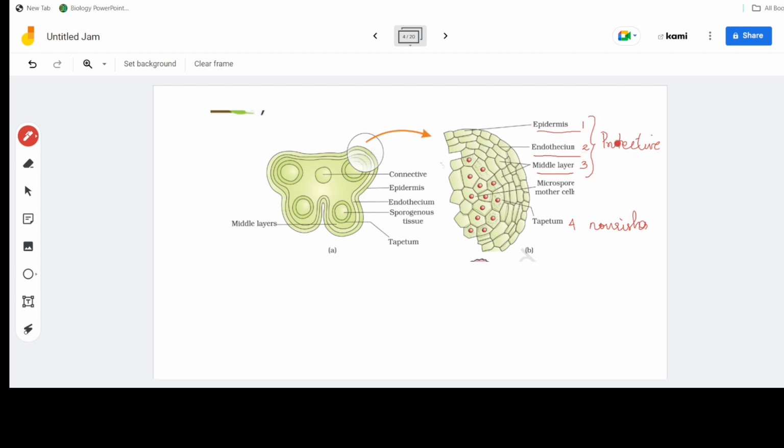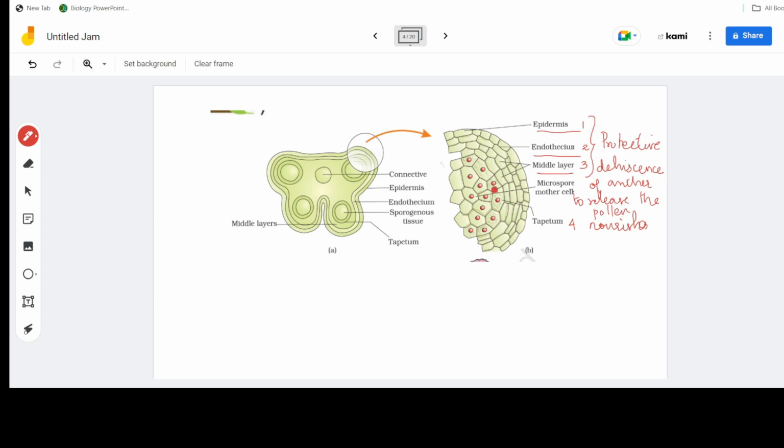Also they help in the dehiscence of the anther. The anther must dehisce, right? The anther should break open to release the pollen grains. Dehiscence means it breaks open to release the pollen grains. So these are the functions of the outer wall layers.